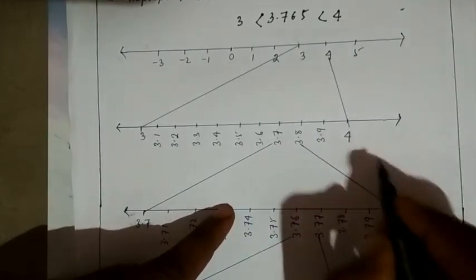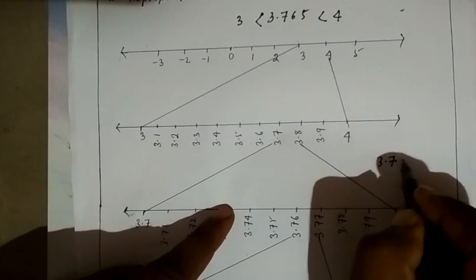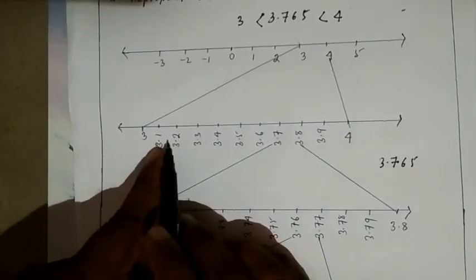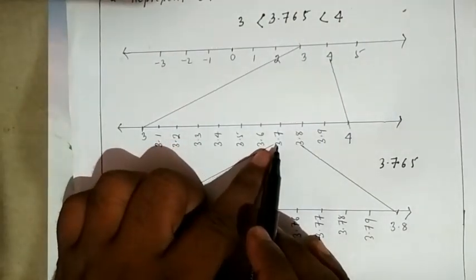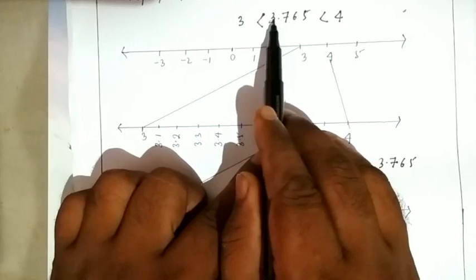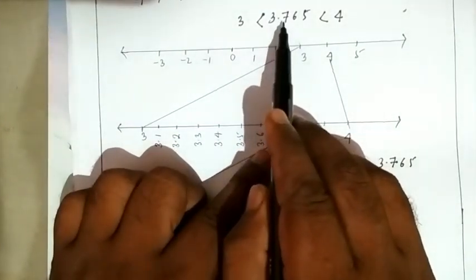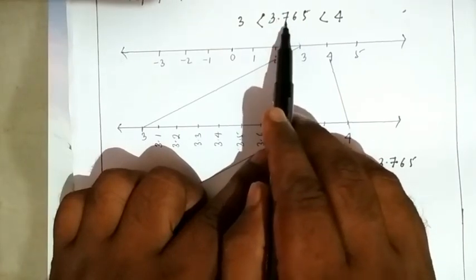Now listen, 3.765. You observe here, wherever 3.7 is there, because our required number is 3.76, in the decimal part the first digit is 7.